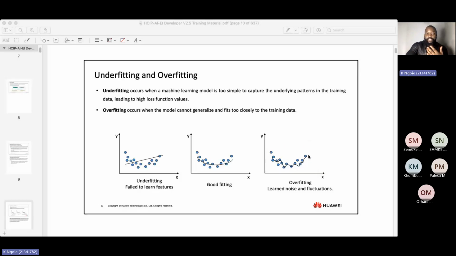It becomes overfitting. So understand, overfitting occurs when the model cannot generalize. Your model looks like it was performing well, you have 90% accuracy, but when you bring new data, it doesn't understand. The model cannot deal with that.